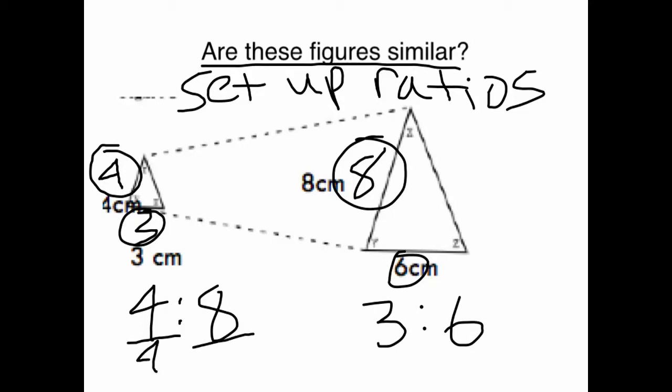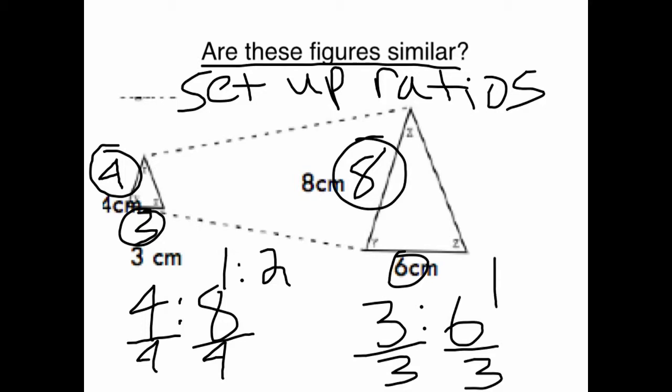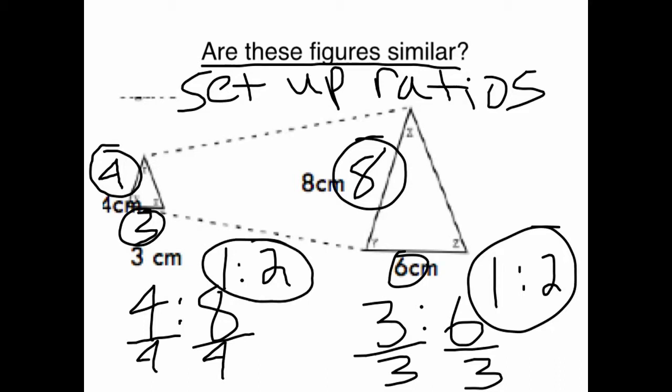If I divide both of these sides by 4, my ratio for the left side of the triangle becomes 1 and 2. And then if I divide the other side by 3, to get that in its smallest form, our ratio is 1 and 2. And since these ratios are the same, these triangles are in fact similar.